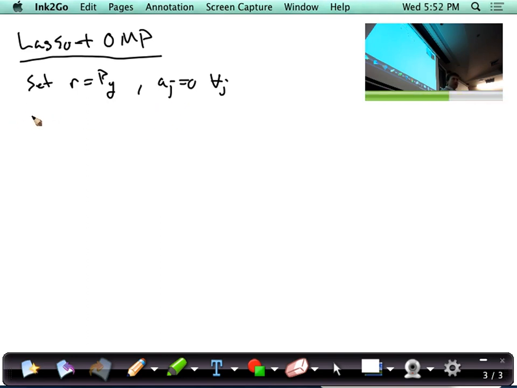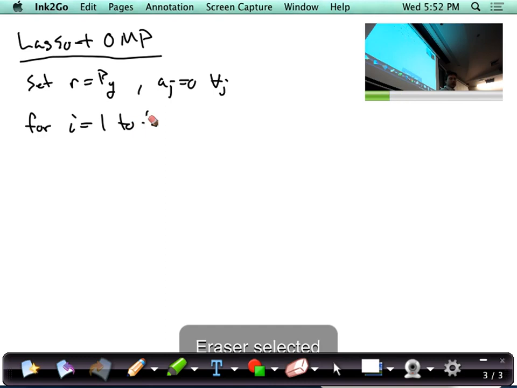And then what you're going to do is, for i equals 1 up to m, where you stop when you get m coordinates, you do this process where you pick the best coordinate.